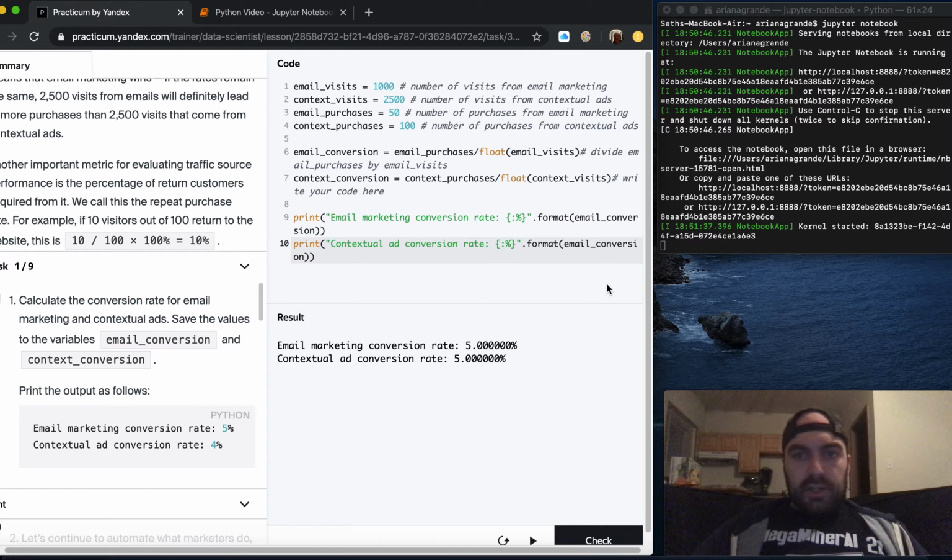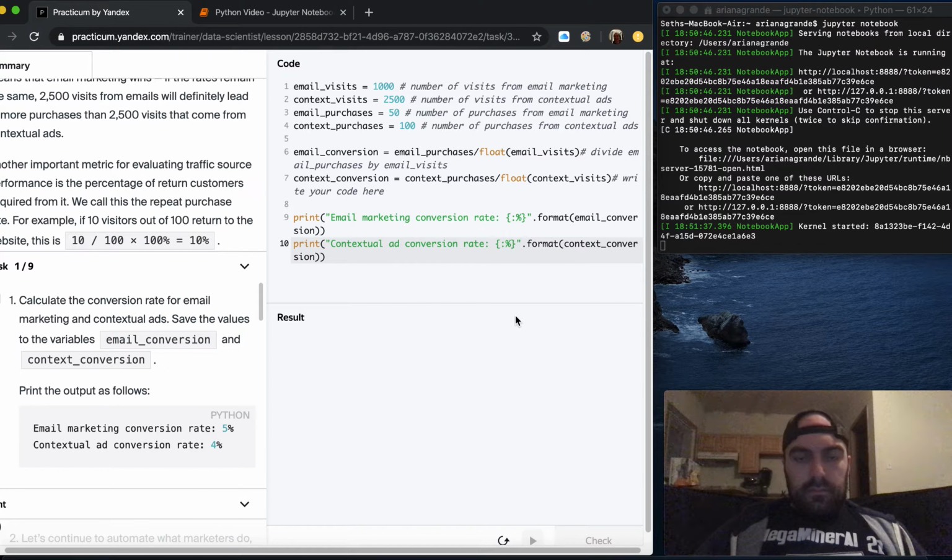Oh, and then we got to change it here as well, not email conversion. Now we want context conversion. 4%. Okay, we'll check that.